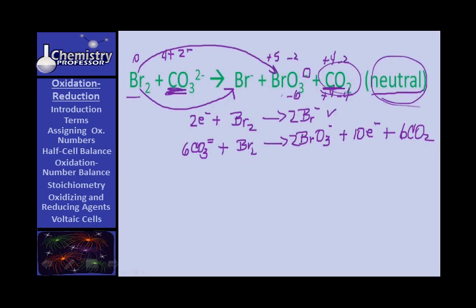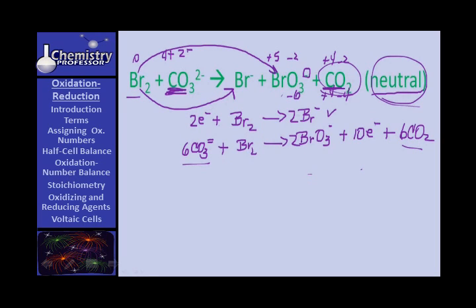Well, let's see. 6 times 2 is -12 here. And this is -2 here and -10 here. Oh, that's looking good. So our charges are all balanced. But we had already checked that. We're just double checking. What about carbon? I've got 6 carbons on the left. And I have 6 carbons on the right. That looks good.